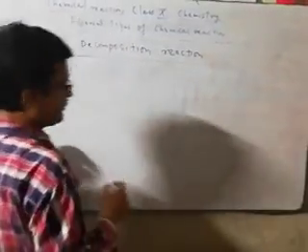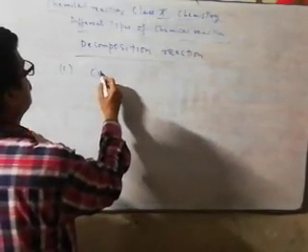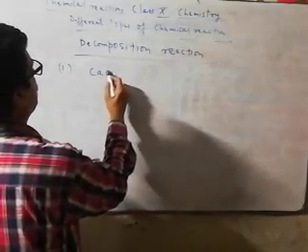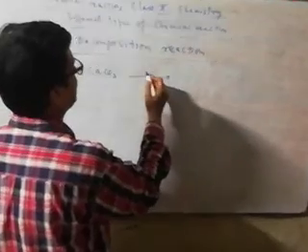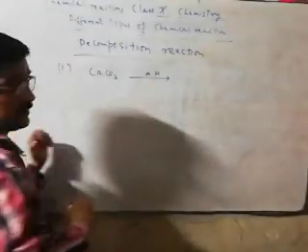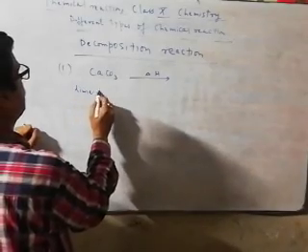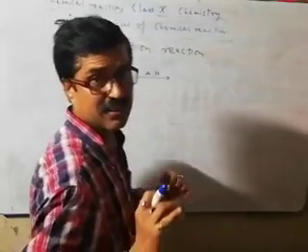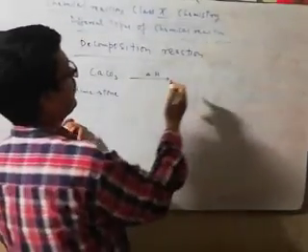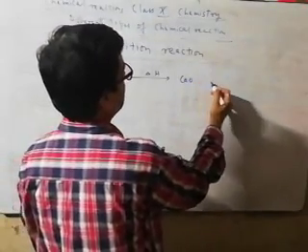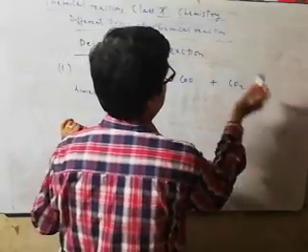Calcium carbonate, limestone. You know, calcium carbonate when heated, limestone when heated, this is a very industrial chemical reaction. Limestone when heated, we get calcium oxide plus carbon dioxide.